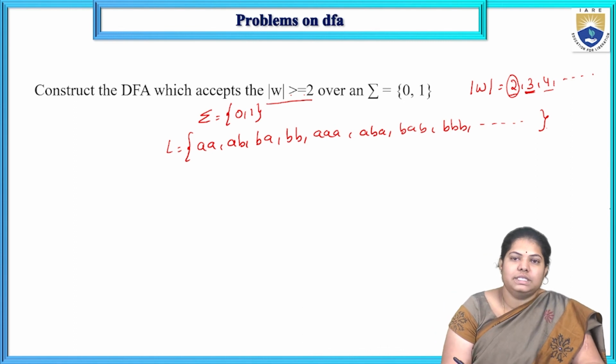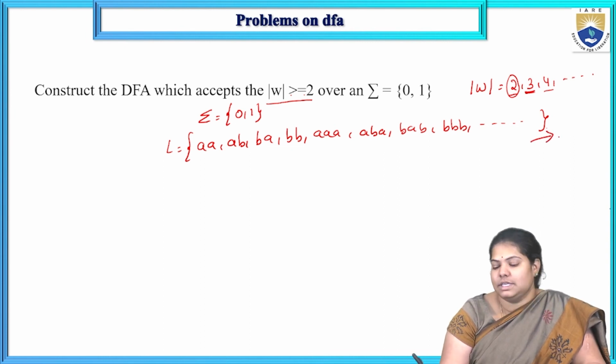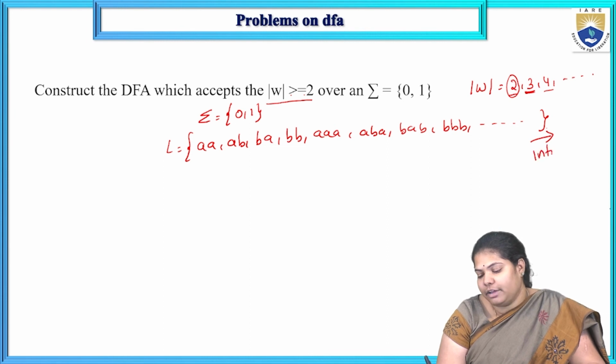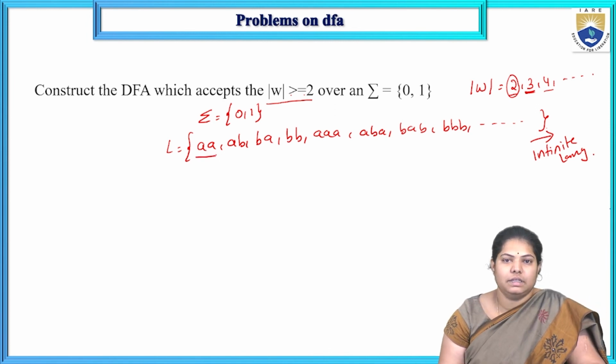So how to construct this finite transition diagram, or a deterministic finite automata, for this? As this language is an infinite language, we should take the smallest string present in this language.